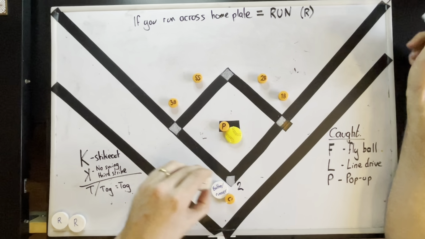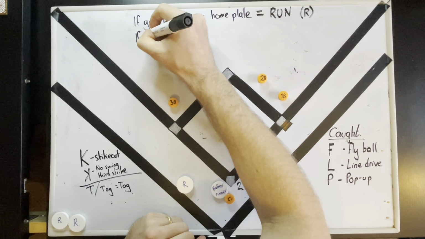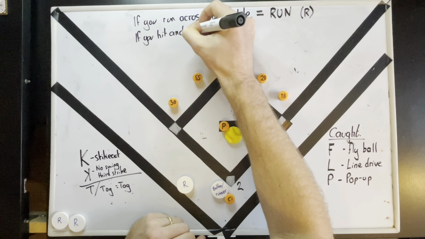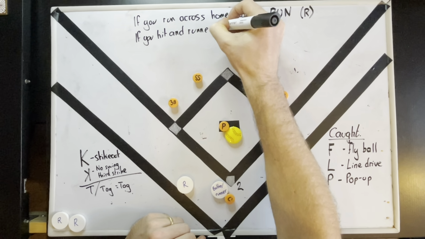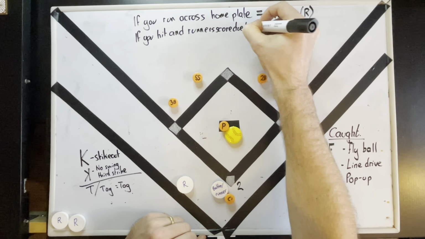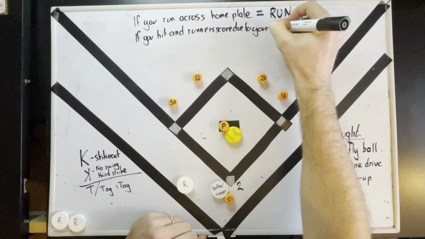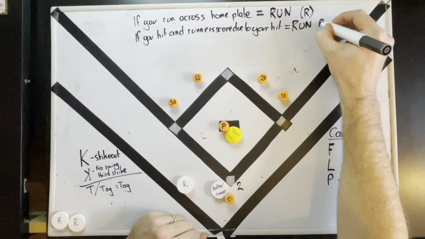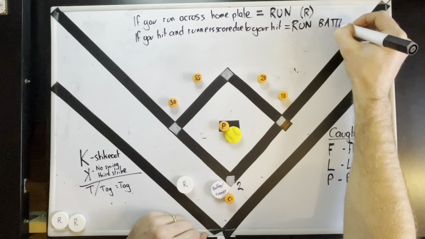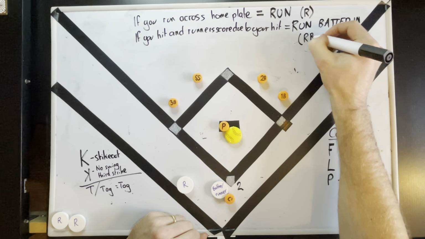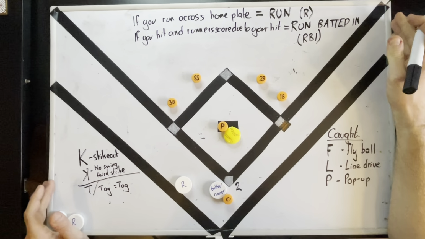However, if you are the batter, so if you hit and runners score due to your hit, you will score a run batted in, or an RBI, a ribby, okay?